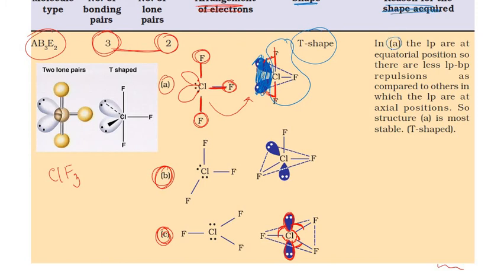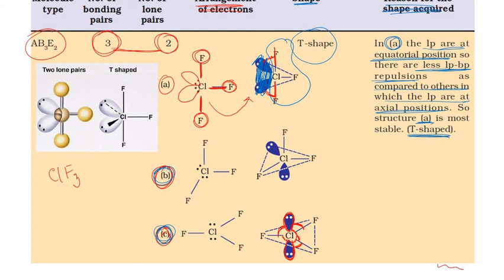In A, the lone pairs are at equatorial positions, so there is less lone pair bond pair repulsion as compared to the other structures, B and C, in which the lone pairs are at axial positions, right? So the most stable structure, that is A, is preferred, which has a T shape.